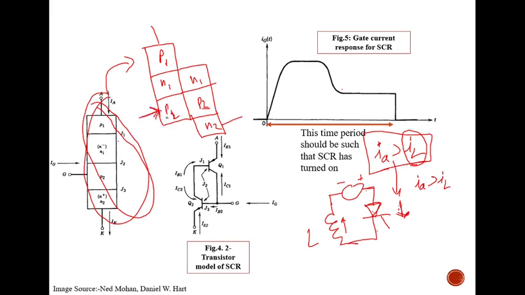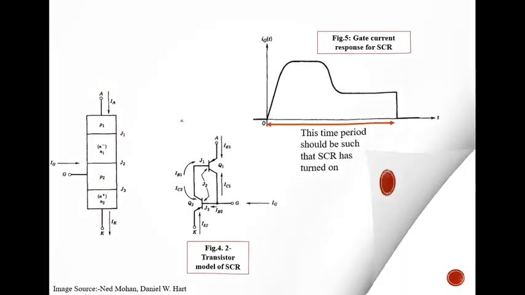So you can use a PNP transistor and an NPN transistor in this fashion. So the thyristor has a two-transistor model inside it, in its construction.